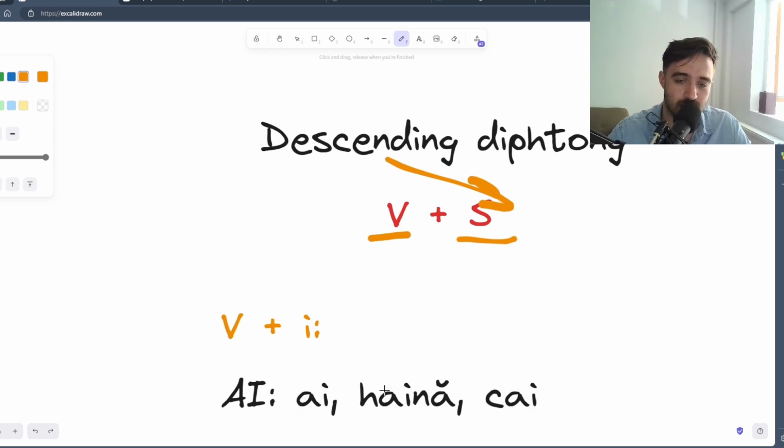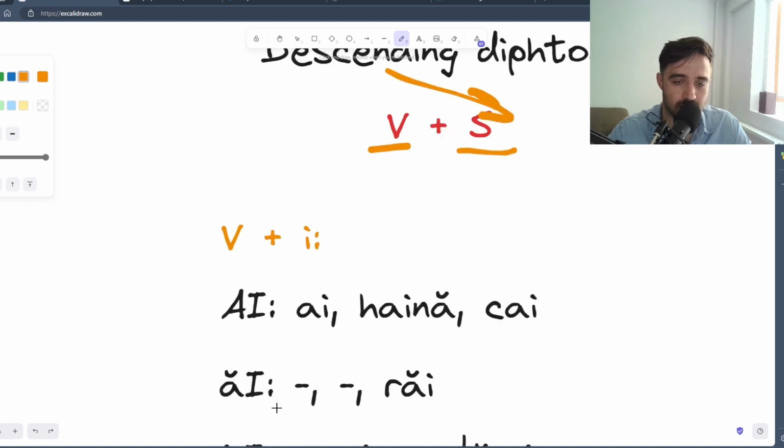You see that the A is more emphasized. Then with a, nothing on the first position and nothing in the middle. I couldn't find it. Please let me know if you do. And you get rei. Again, the sound goes down.